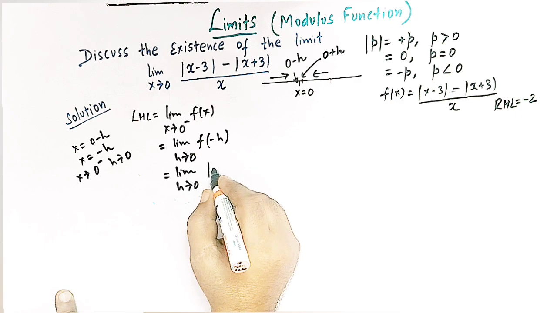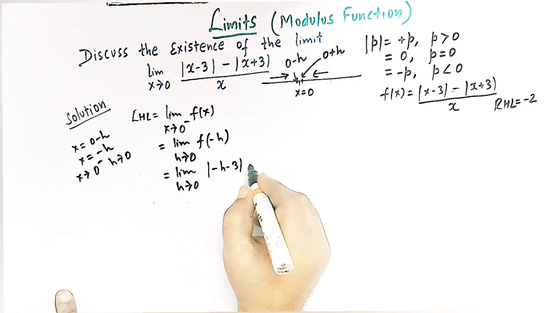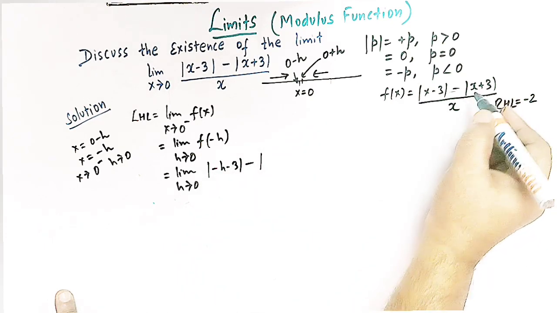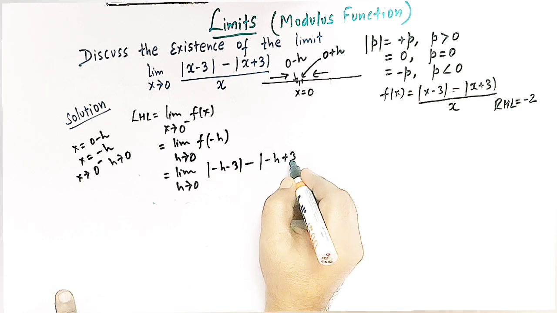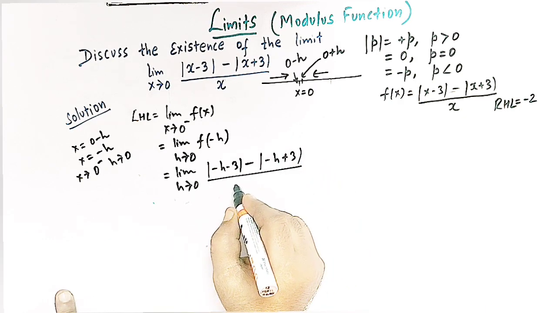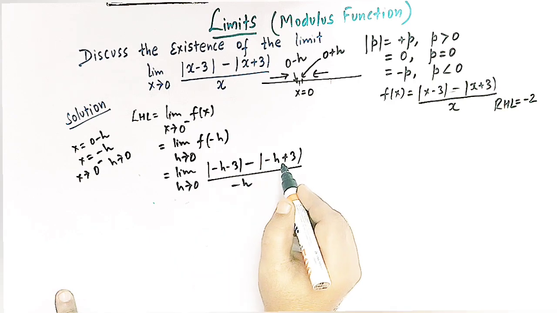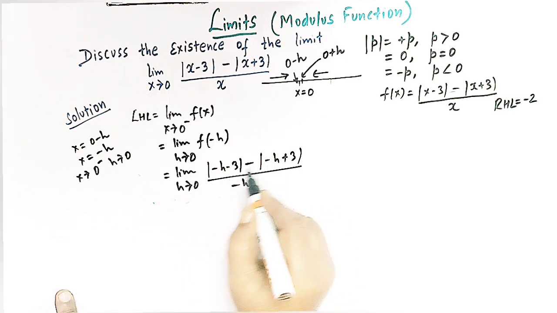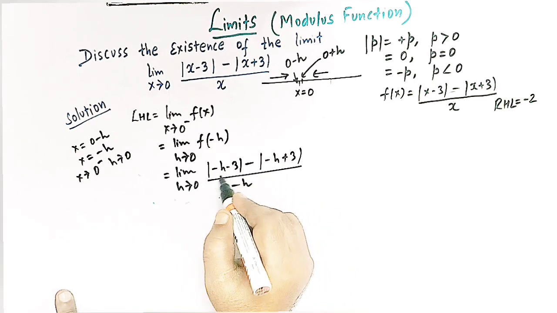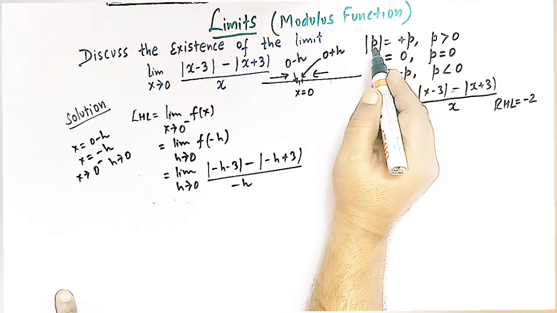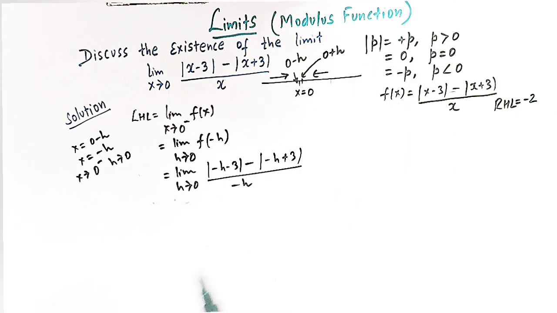So we have mod of minus h minus 3 minus, and here we have minus h plus 3 divided by minus h. Now again we have to take care of these two terms, that is the mod functions. So again we'll make use of this definition of mod function.